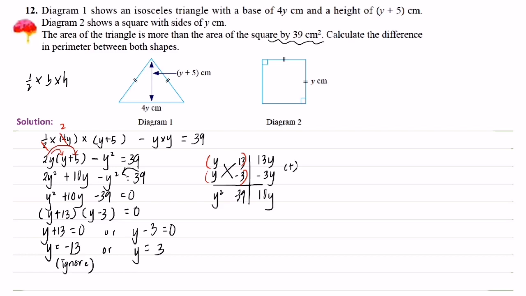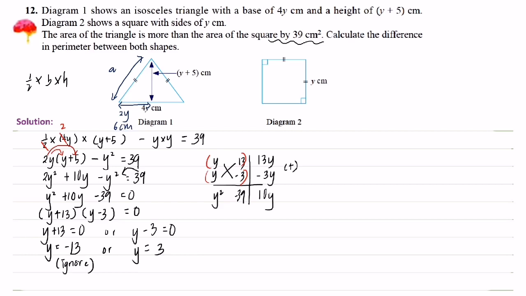And we need to find the length of this side. Let's say this is A. Okay, this one is 2y, and we already got the value of y, right? y equals 3, so 2 times 3 equals 6.